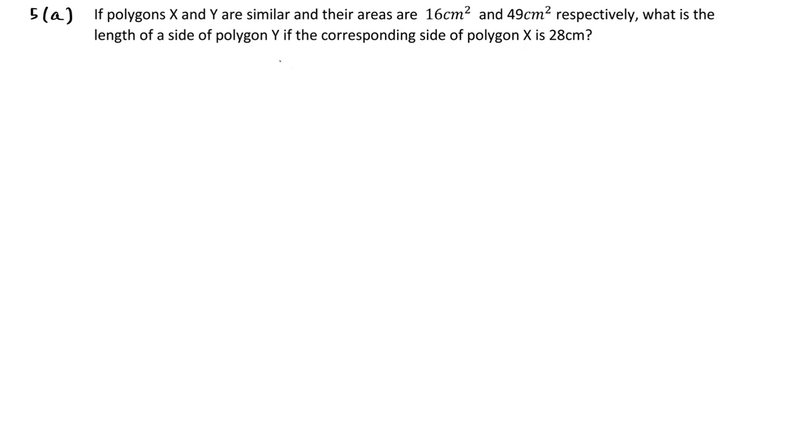Okay, so now let L be the length of a side for polygon Y. So we are going to have 28 over L squared equals 16 over 49. Okay, so let us apply cross multiplication.